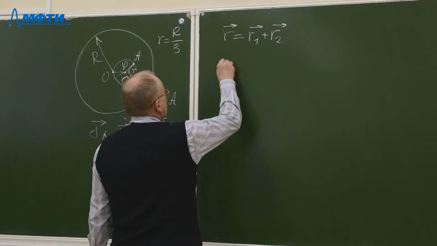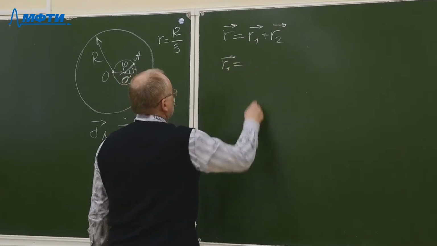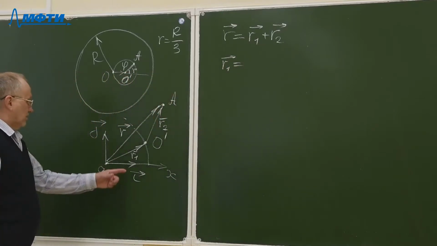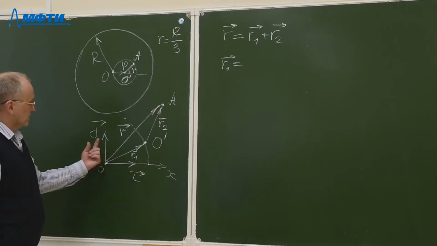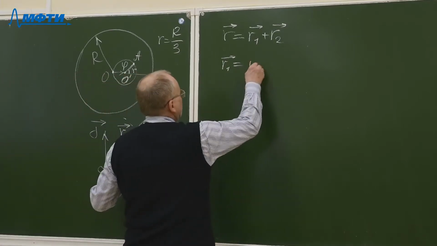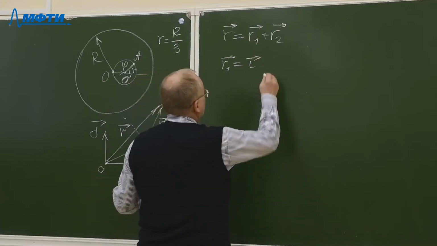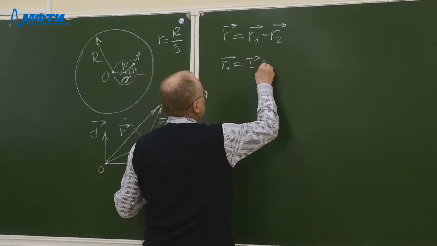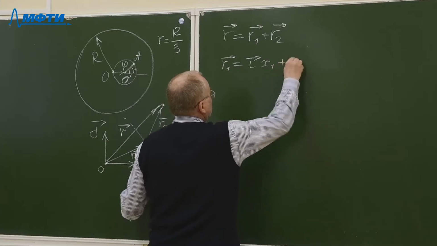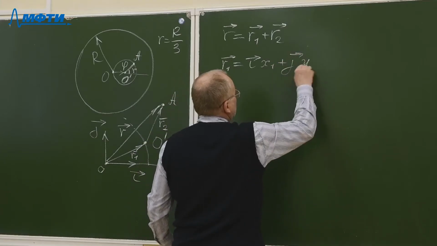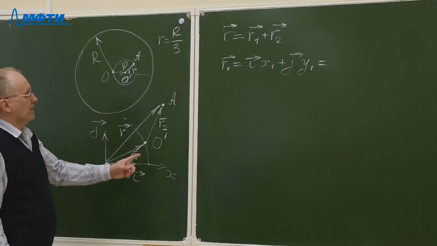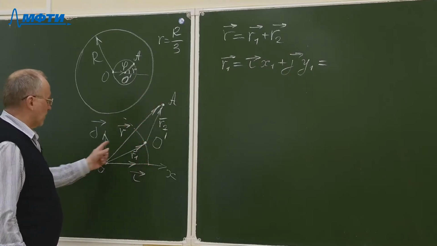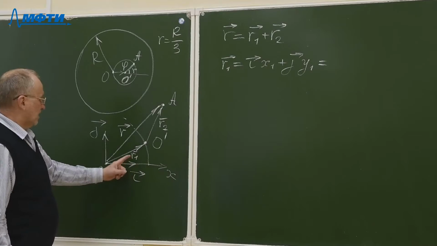What is vector r1? It can be presented using its components. So it will be unit vector i and component x1 plus unit vector j component y1. Just x1 and y1 are the coordinates of vector r1.